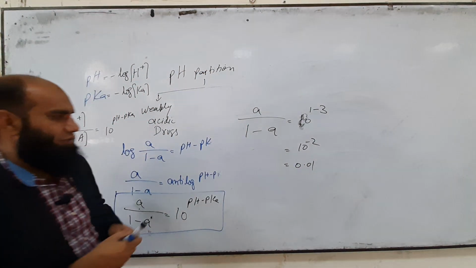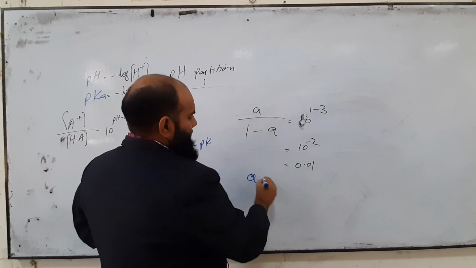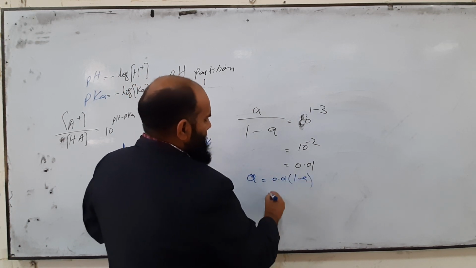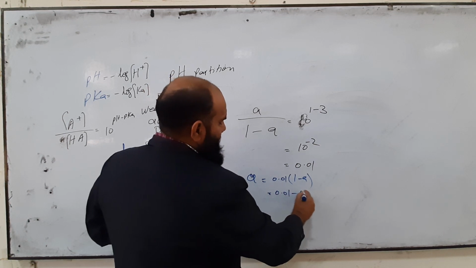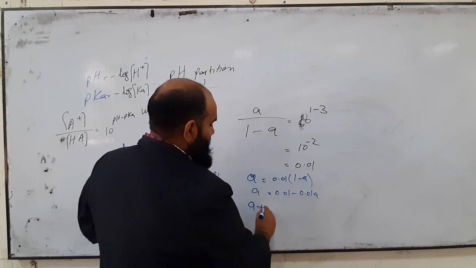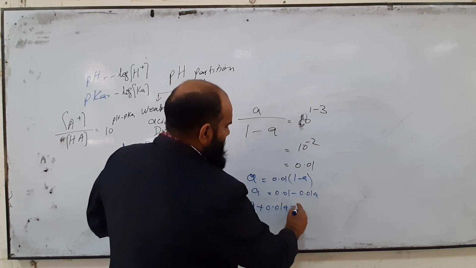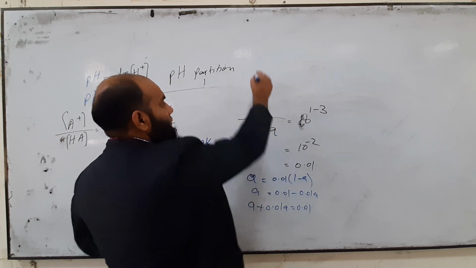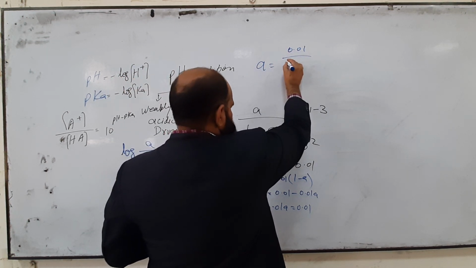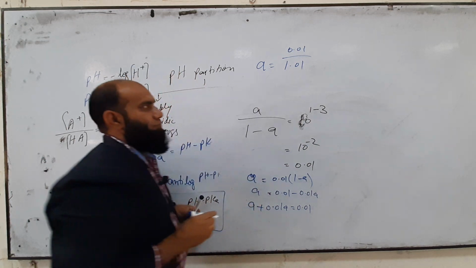Now the scenario is ionized equals 0.01 times 1 minus ionized, so 0.01 minus 0.01 ionized, and 1 plus 0.01 ionized equals 0.01. That is 0.01 divided by 1.01.